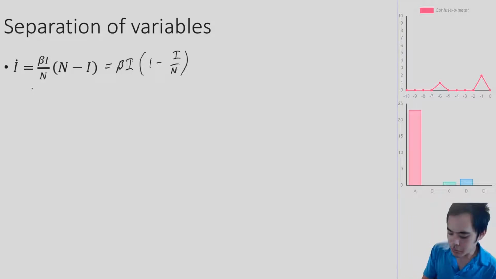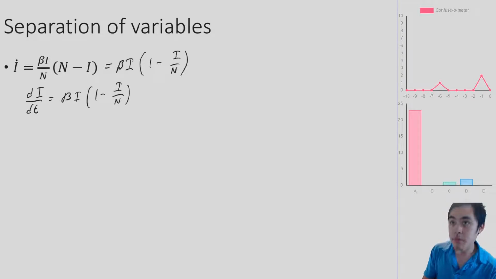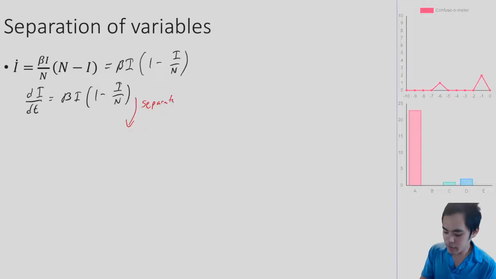So then what do we get? We get dI/dt is equal to beta I times 1 minus I over n. We can separate the variables.